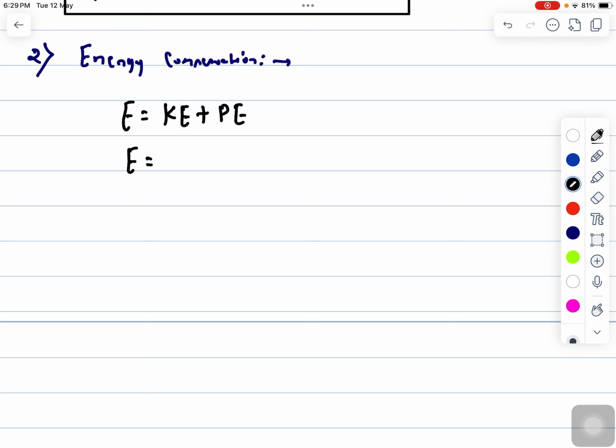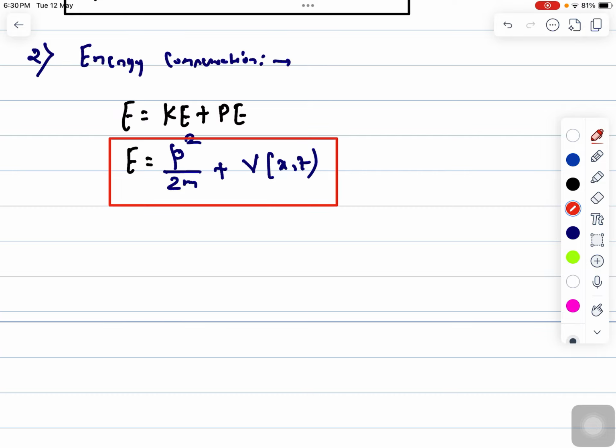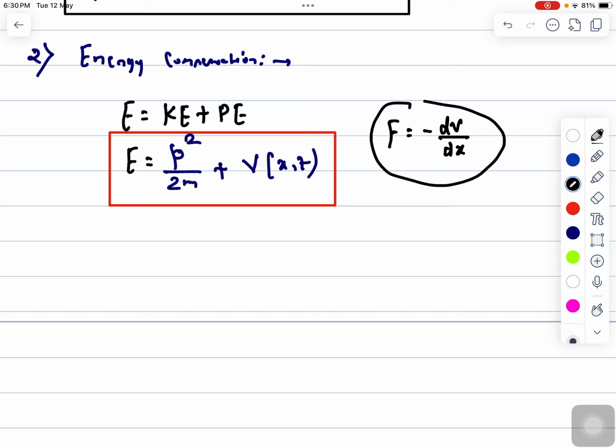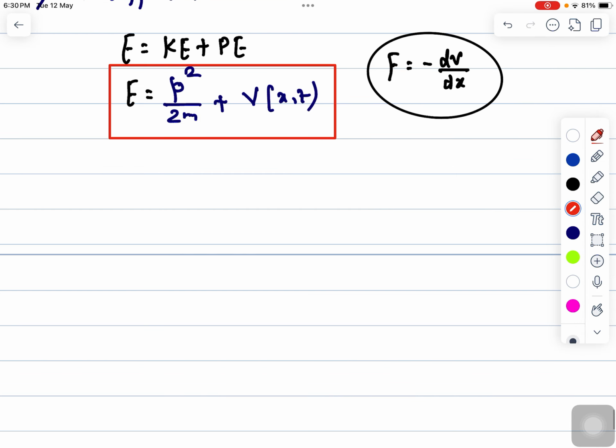From classical mechanics, E equals p squared divided by 2m plus potential energy V, which is a function of x and t. For a conservative field, I have already told you how to calculate the potential energy: the force F equals minus dV by dx.